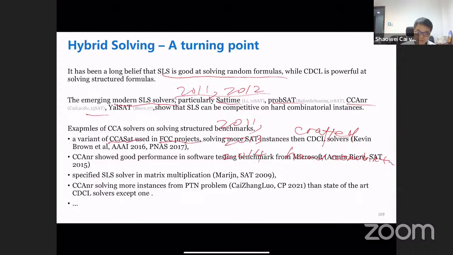It was shown that the local search solver performs best in this industry benchmark. This is somewhat surprising. We also found other examples later on. For example, in software testing, and Manthey showed that some local search solvers can be better than CDCL in matrix multiplication, and some other mathematical problems have also been shown to be solved by local search solvers.